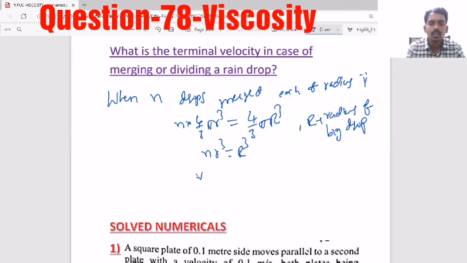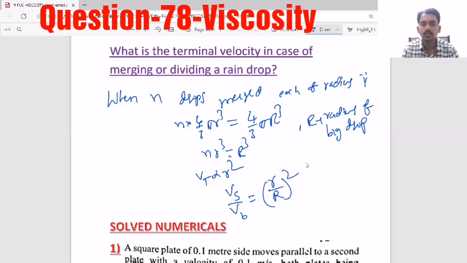Then the terminal velocity is proportional to r square. So v for small by v for big one will become r by capital R whole square. So this way you need to solve the question when it is based on merging or dividing. In case of dividing also, same thing. So they'll ask questions like comparison between the terminal velocity before or after merging or dividing, or between smaller and bigger one.